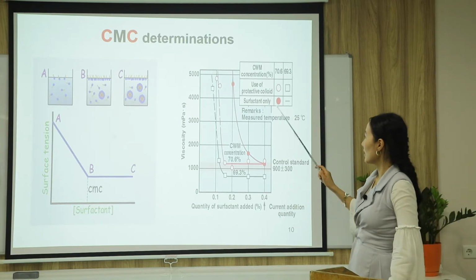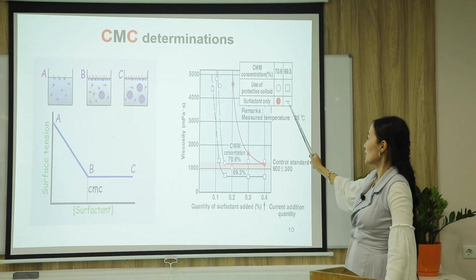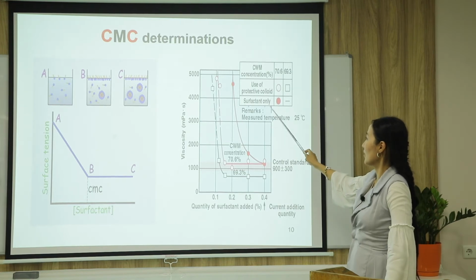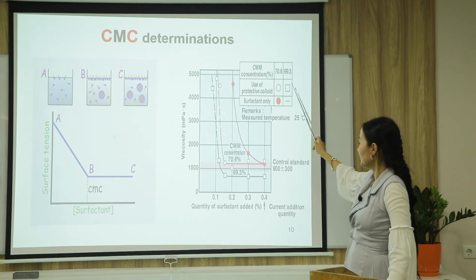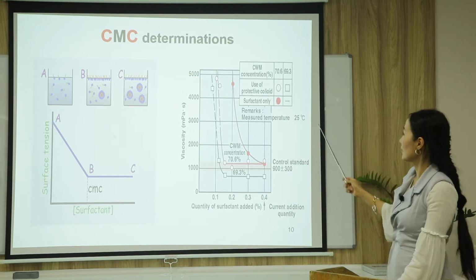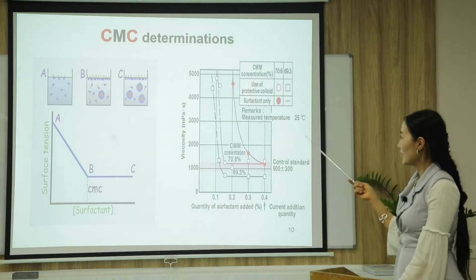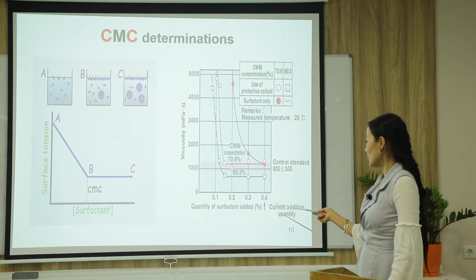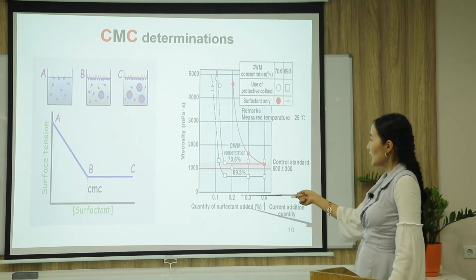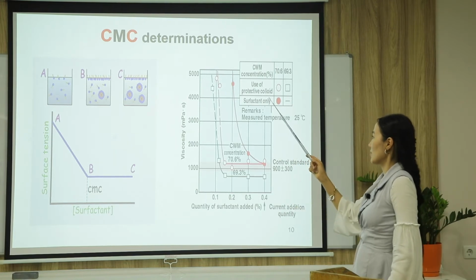Or, in other words, we can see the concentration for each percentage, for example, use of protective colloid or surfactant only here. For example, for the substances B and C, 70.6, and for C, 69.3. Or we can find from the diagrams the quantity of surfactant added, from the percentage or the current addition quantity, to the viscosity of them from 0 to 5 thousandths.